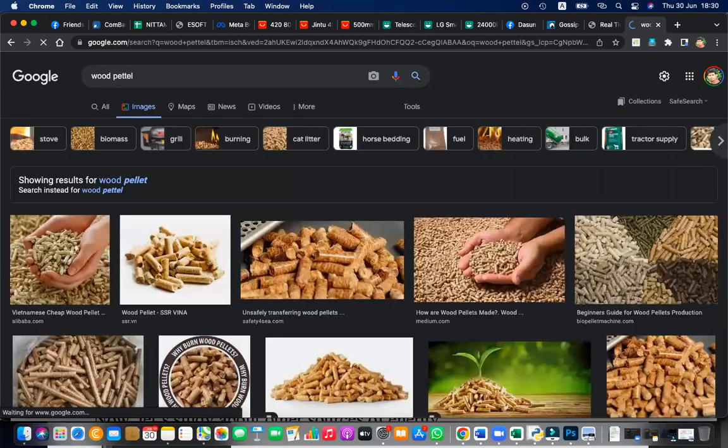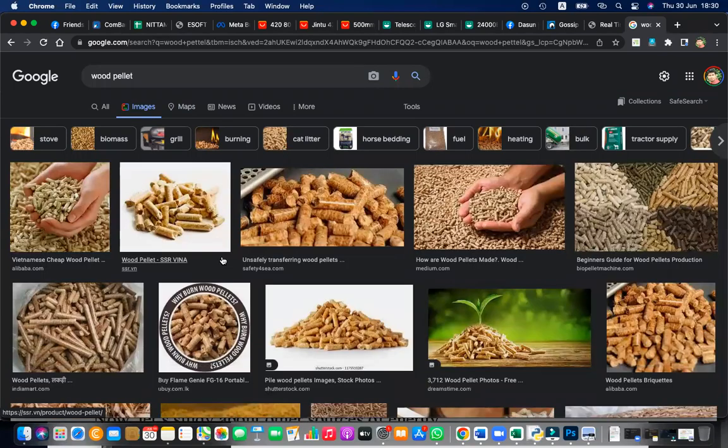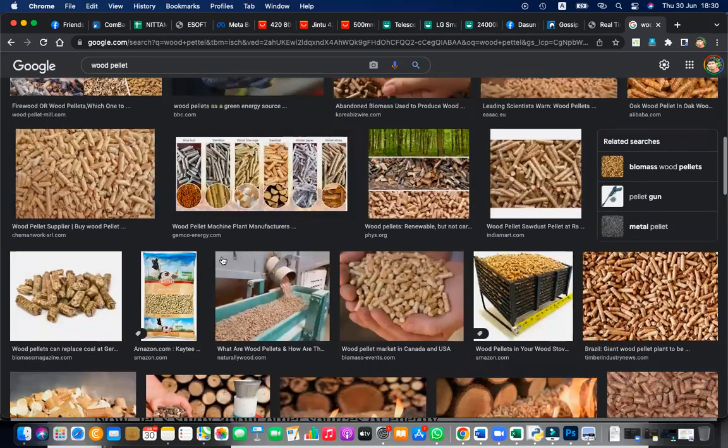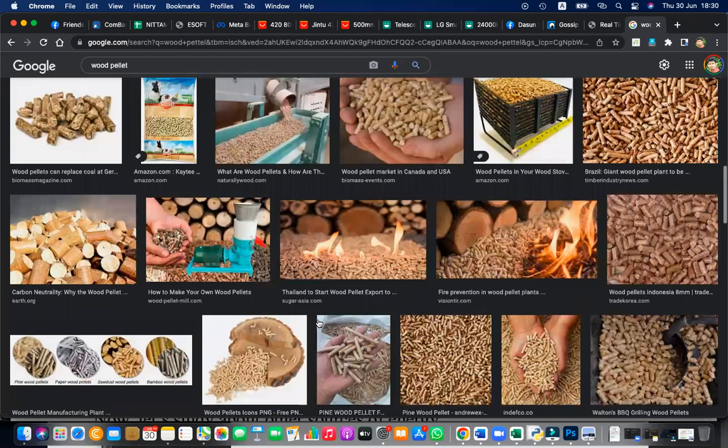So these things are available, right? Wood pellets are available, so that can be used for cooking purposes. Wood pellet is another way that we can use for cooking.